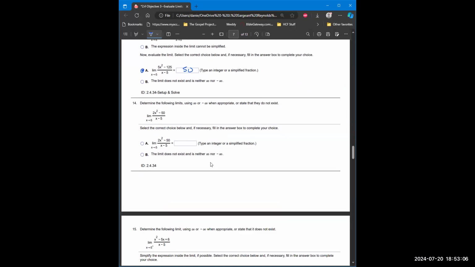And 2 times x squared minus 25 for x minus 5. 2 times x plus 5 times x minus 5 over x minus 5. It's 2 times x plus 5. And getting closer to 5, 2 times 10 is 20.